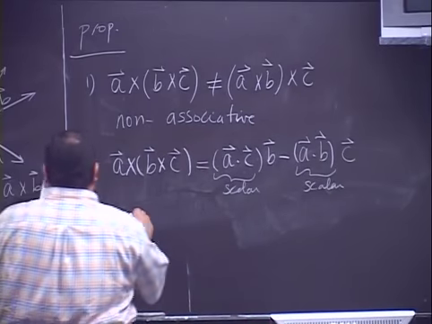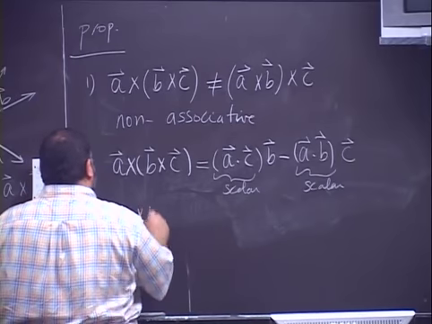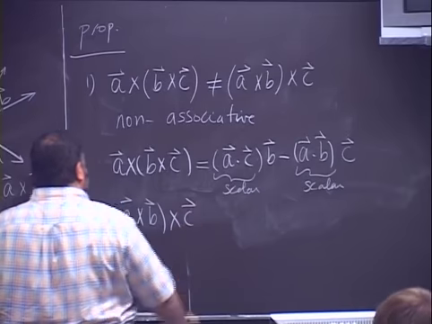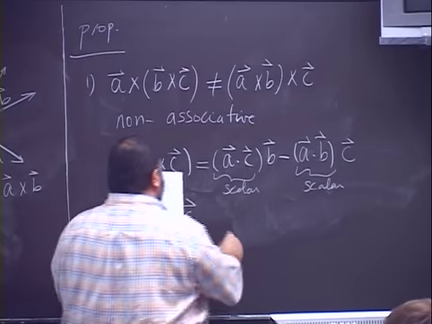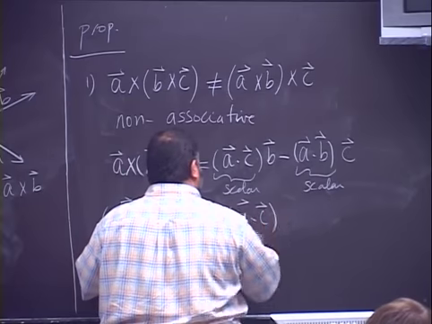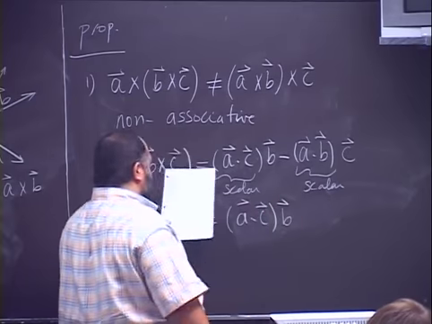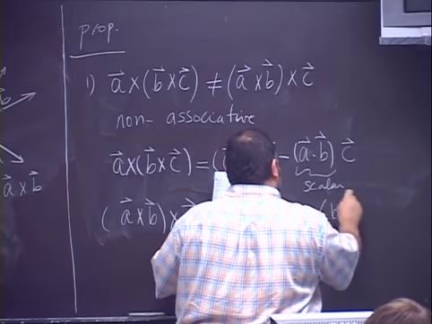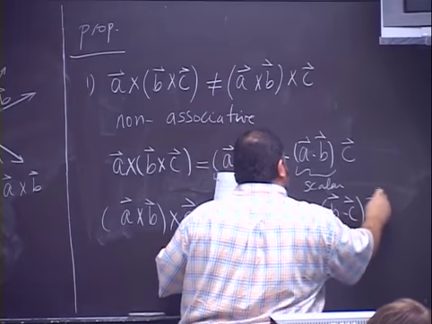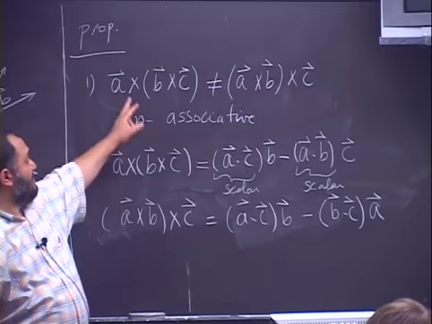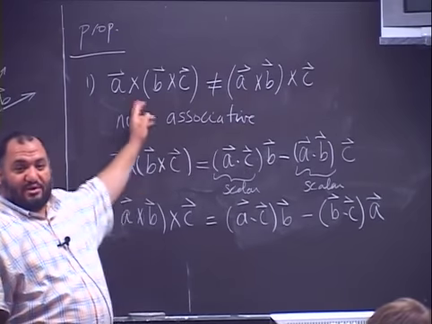But if we look at A cross B crossed with C, you will notice that this is A dot C multiplied by B minus B dot C multiplied by vector A. Again, so this is why we said that those two things are not the same.